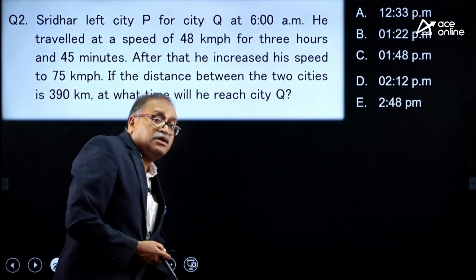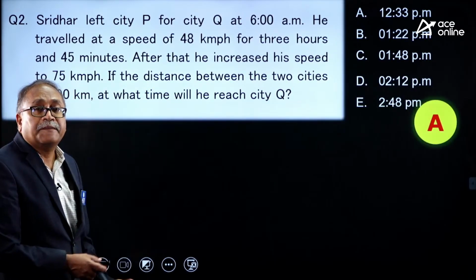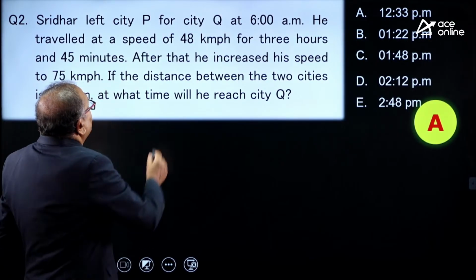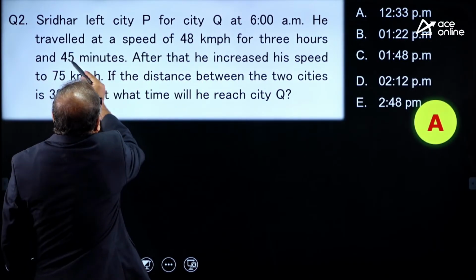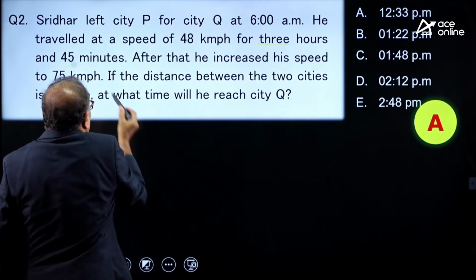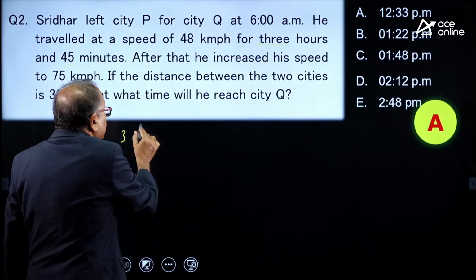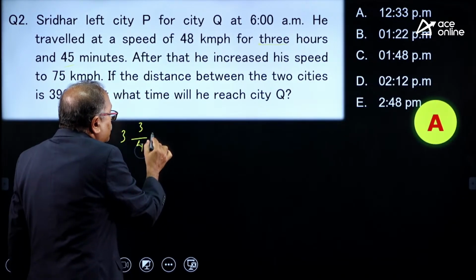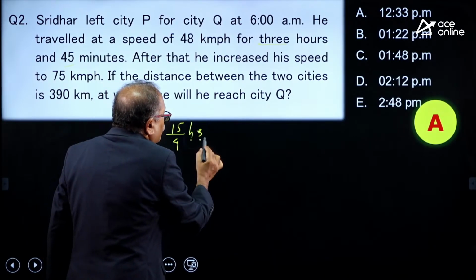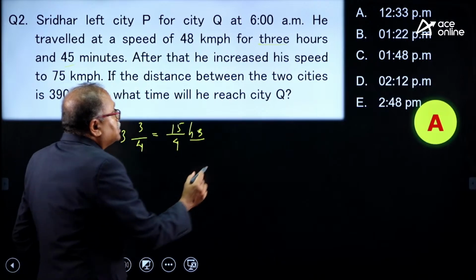Okay, the time is up. If anyone answered the question, look at option A. So, how to answer this question here? I already know that 3 hours 45 minutes, 45 by 60, is 3 by 4, so that comes to 15 by 4 hours from 6 a.m. And how much distance is covered?